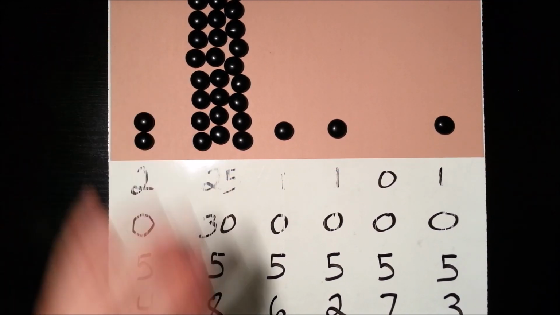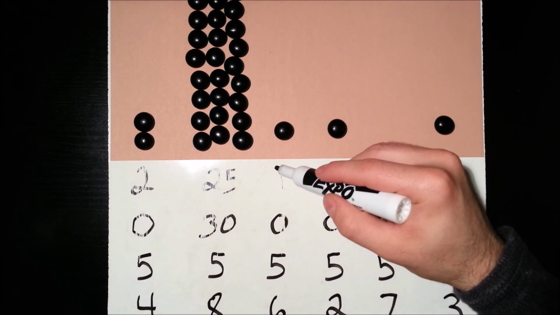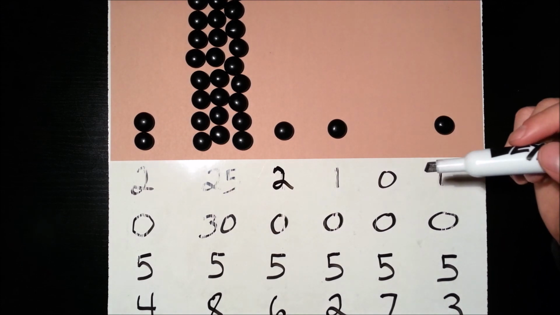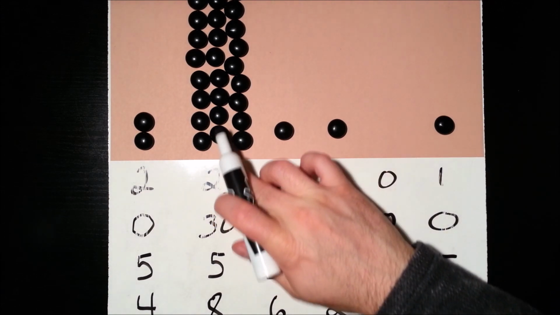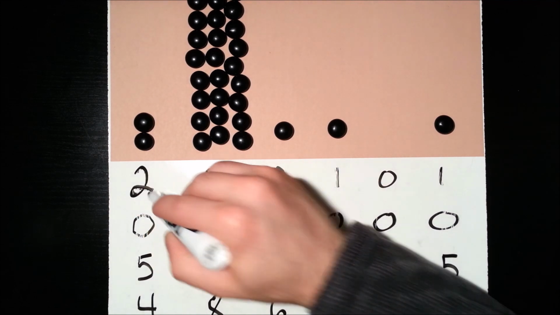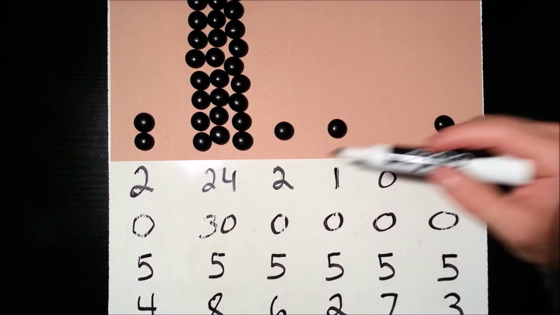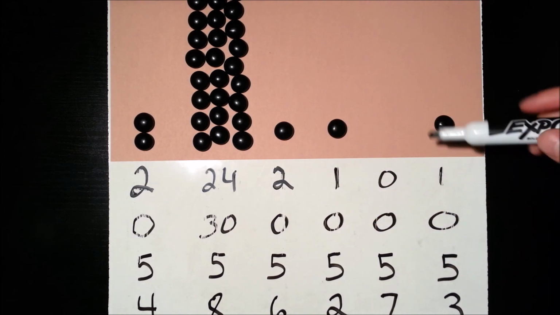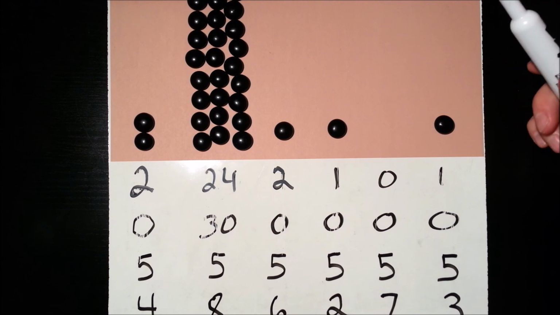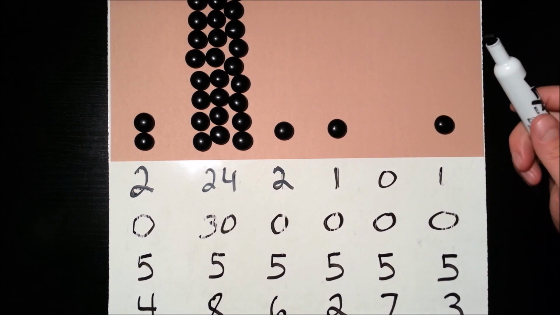If, for example, we had 2, and this would be a 24. Now we have the number 2 appears twice, and the number 1 appears twice, and no other number appears more than twice. And so in this case, there are 2 modes, 2 and 1.